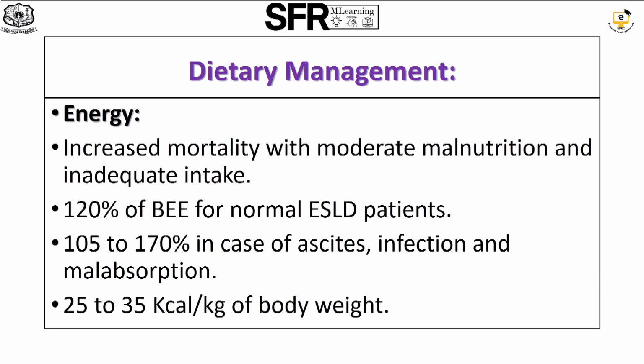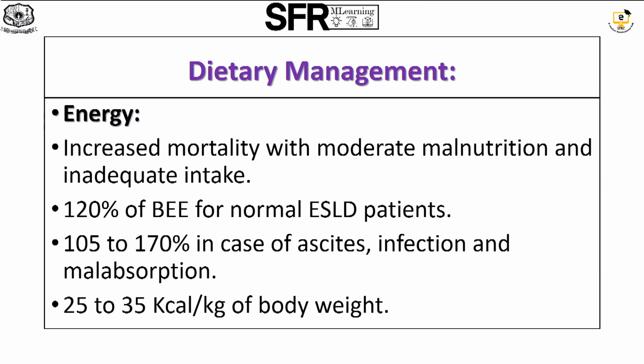And in case of energy, the basal energy expenditure of the end stage liver disease patients will be 120%. So from 20% above the normal persons, we have to provide the energy for the ESLD patients. So 150 to 170% in cases of ascites, infection and malabsorption.